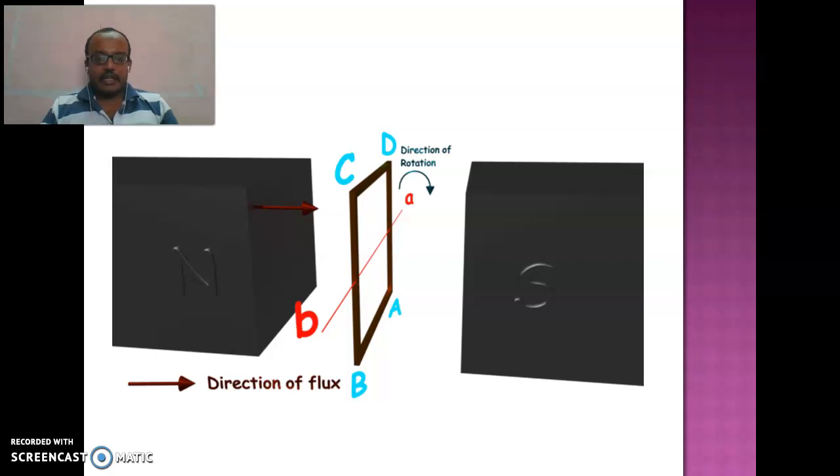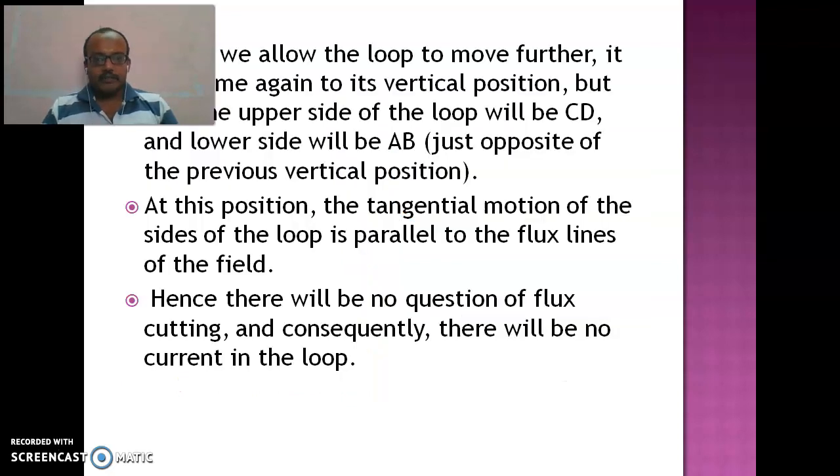Now, after rotating further, the conductor AB will be in the downward direction and CD in the upward direction. If I allow the loop to move further, it comes again to its vertical position, but now the upper side of the loop is CD and the lower side is AB.